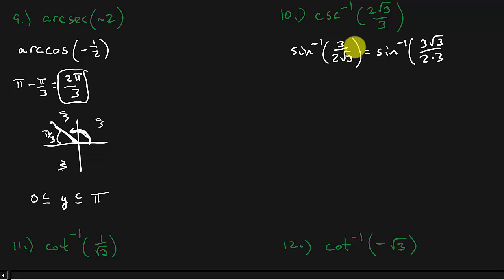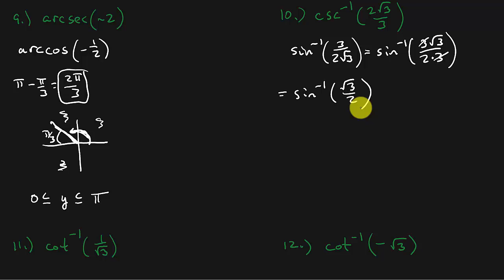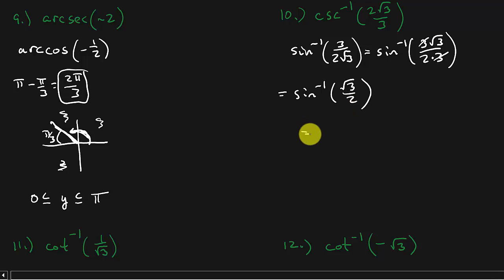Just multiply numerator and denominator by square root of 3. The 3's cancel, so it's inverse sine of square root of 3 over 2. The sine of what is square root of 3 over 2? That would be 60 degrees, or in radians, pi over 3.